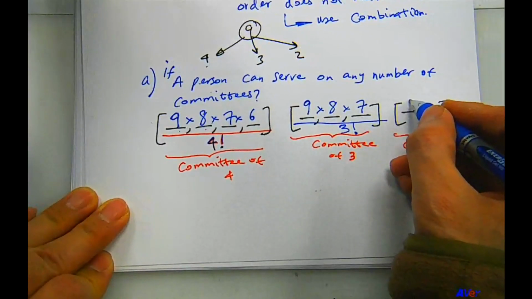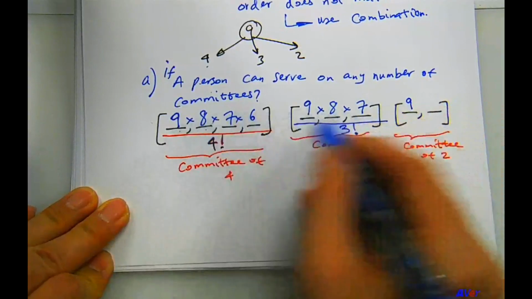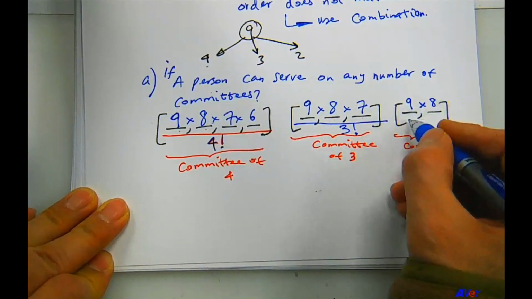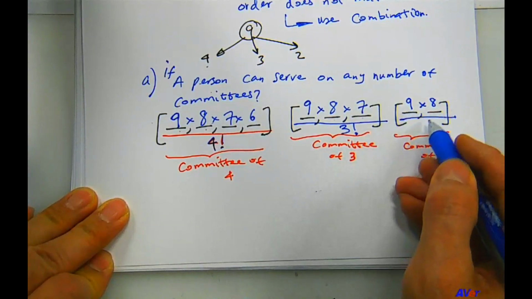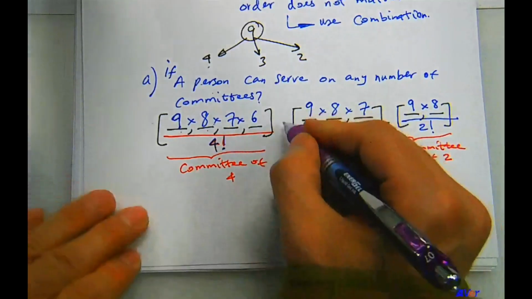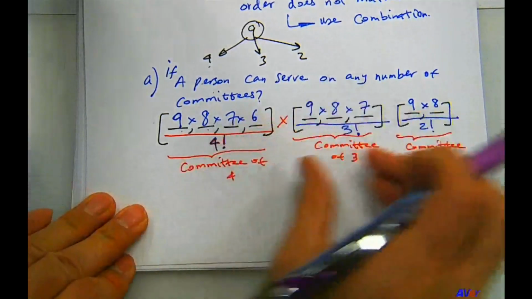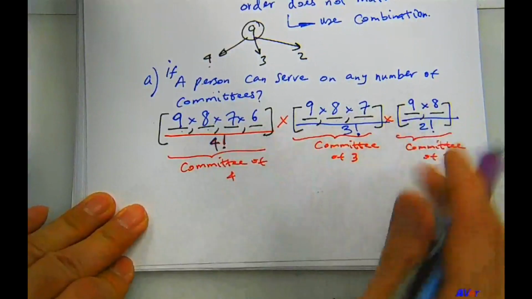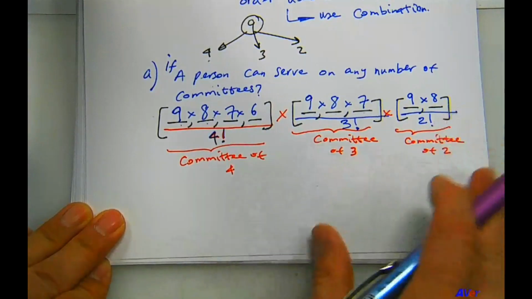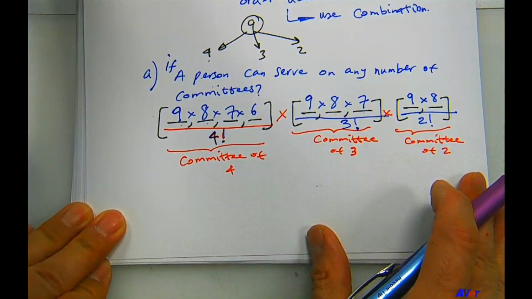That's 2 spots to fill. Again, these people can serve there. So 9 and then 8, multiply them, divide by the number of positions you're filling, factorial. And of course, all of these outcomes for each individual committee are being multiplied by each other by the multiplication principle. So I'm sure by now you're seeing that the multiplication principle is everywhere.